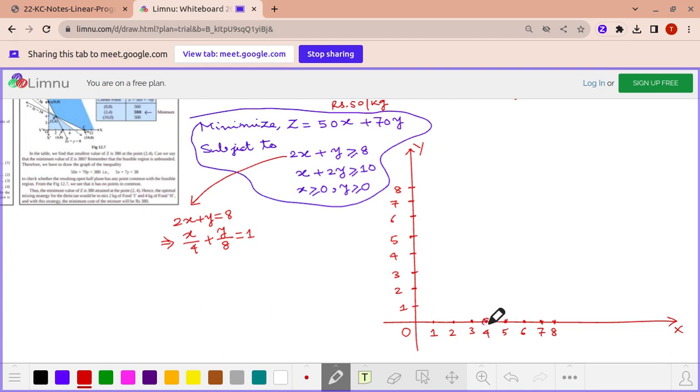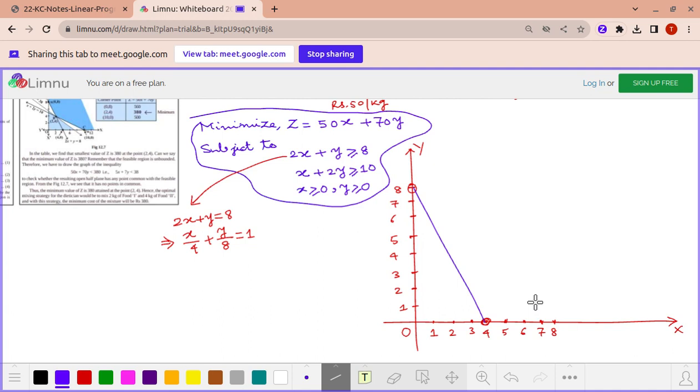So, 4 is the x intercept, and 8 is the y intercept. So, we will join these two. Let me join using, suppose, the blue color, and this is the one. This is the line 2x plus y equal to 8.